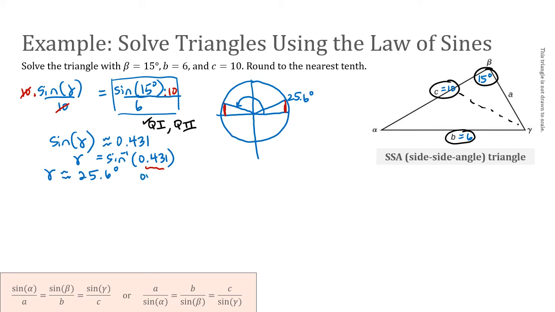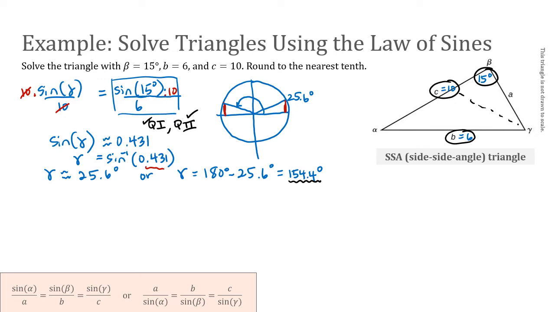So gamma is 180 degrees minus that reference angle of 25.6 degrees. And that gets me an angle measure of 154.4 degrees.